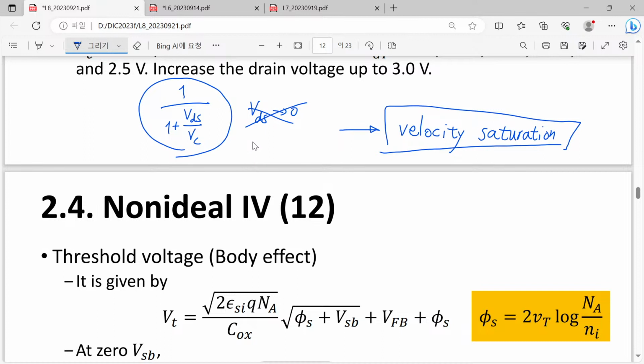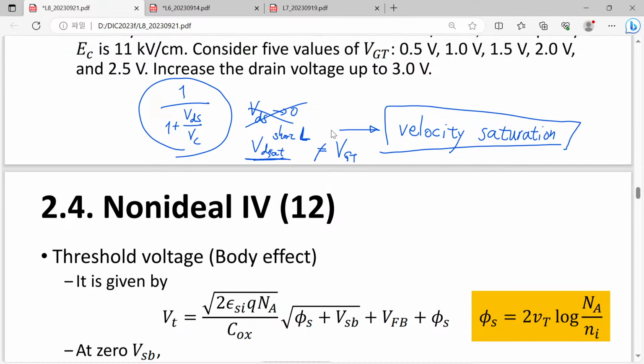Also, the VDS saturation voltage is affected for a short channel device. It is no longer the gate overdrive voltage. Instead, we have a much lower value for saturation.